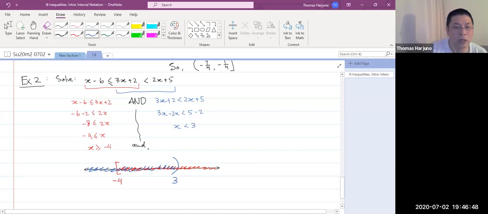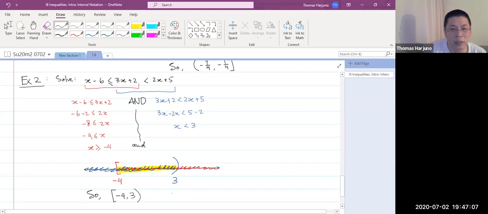Now, because it is an and, it has to satisfy both. So the solution will be -4, including -4, up to 3.